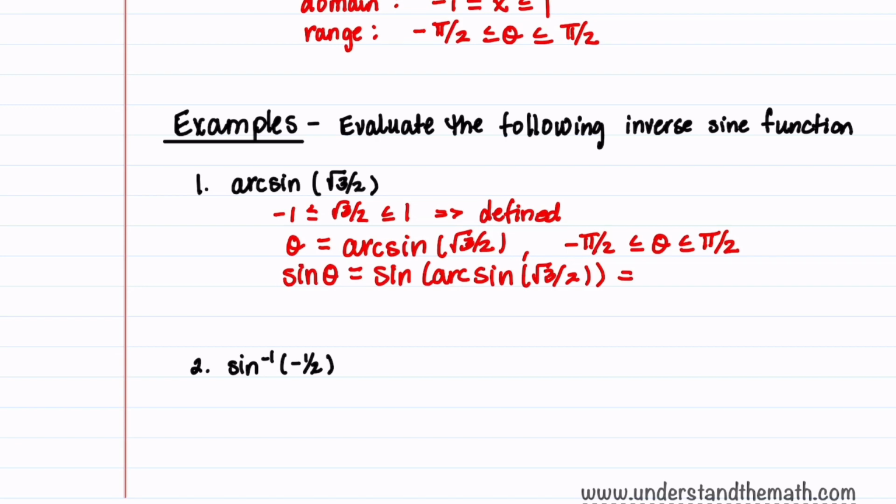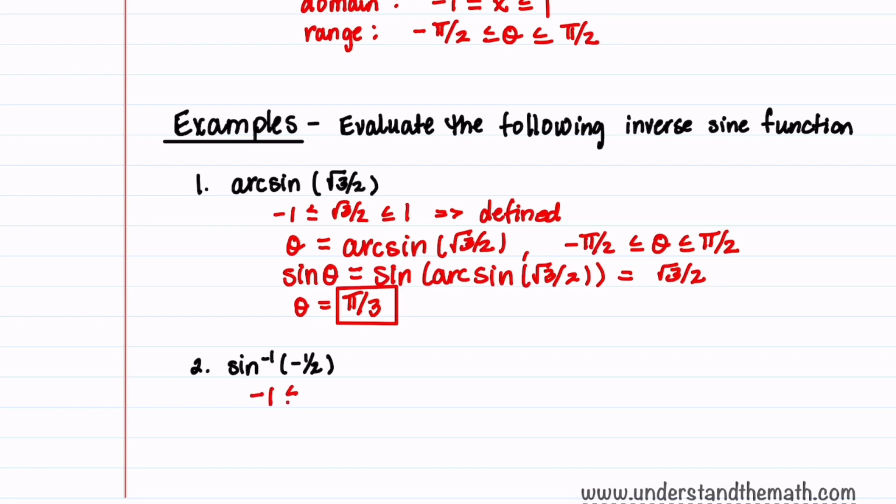Since the arcsine is defined for √3/2, this expression is just equal to √3/2. When sine theta is equal to √3/2, theta is going to be equal to pi/3. So arcsine of √3/2 is equal to pi/3.